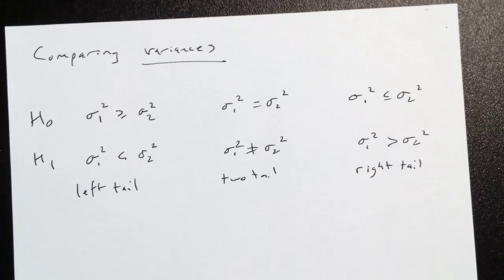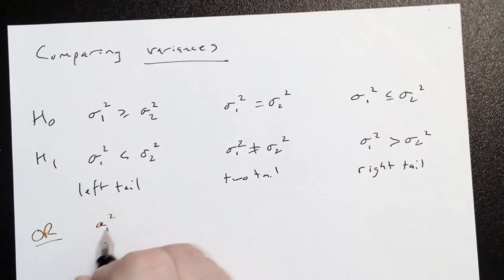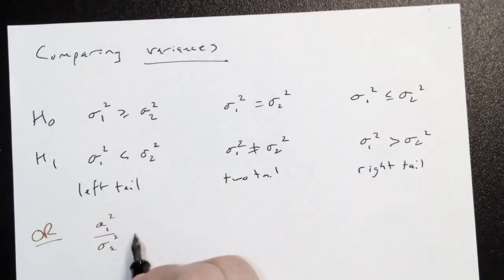So most of the time, instead of comparing these to each other, I take the ratio of them. If I look at sigma 1 squared over sigma 2 squared, well, then I could rewrite these and compare them to 1 every time.